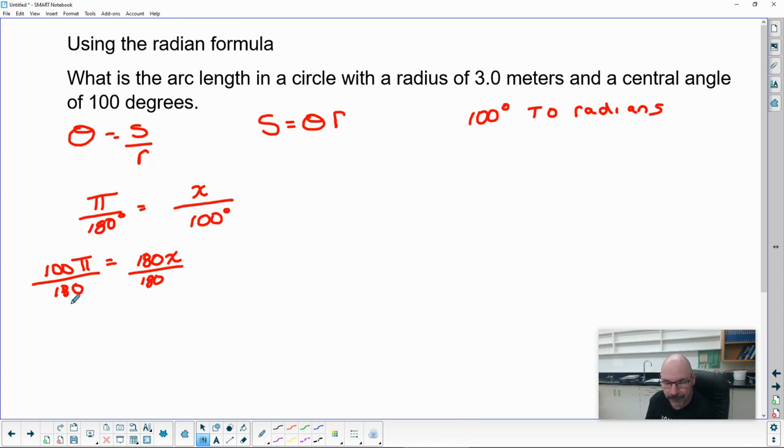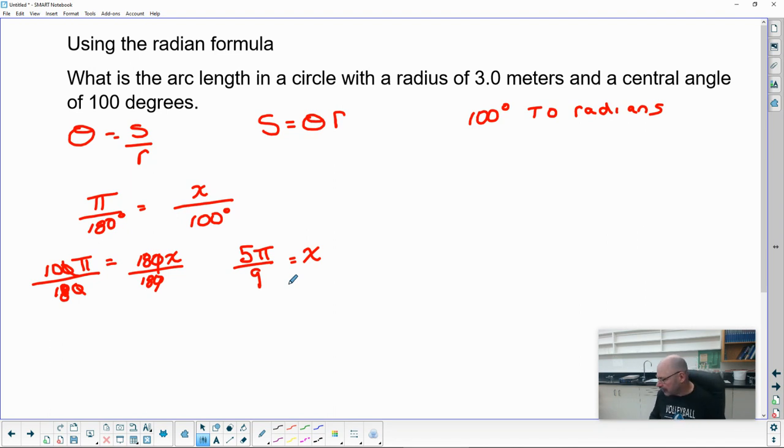So take the 10 out: 10 over 18 pi. Take 2 out of 10 and 2 out of 18. So we have 5 pi over 9 equals x. So there's our exact value.